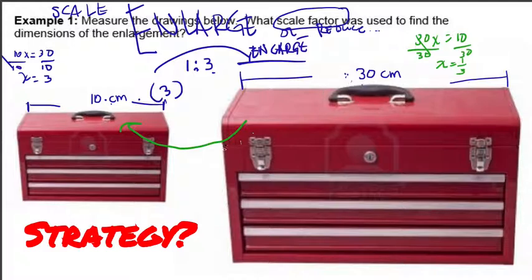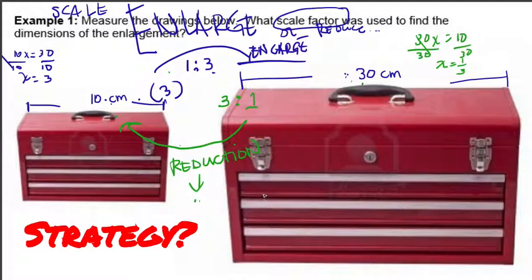In order to get from here to here, I needed to divide. So I flip this, and now the ratio is 3:1. That means for every 3 centimeters here, it's equivalent to 1 centimeter here. 3:1, big to small. 1:3, small to big. So this is what we call a reduction, to make smaller.